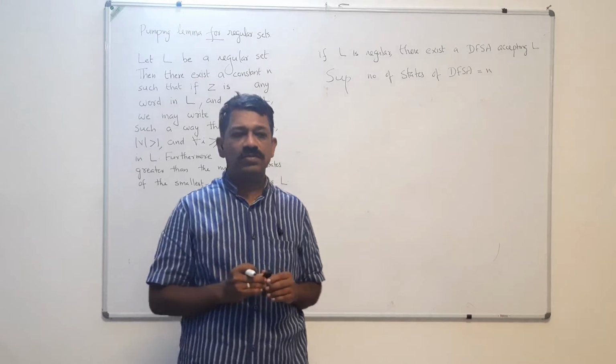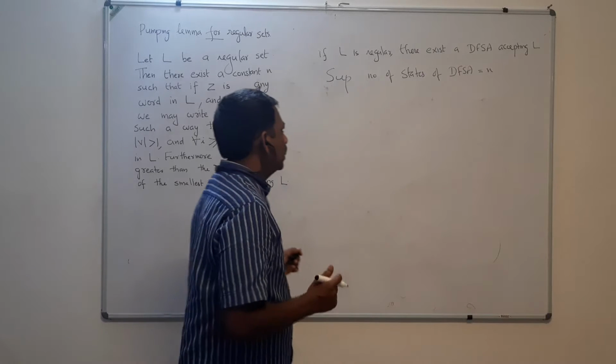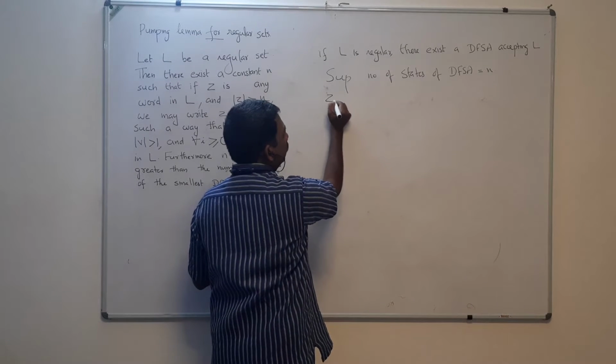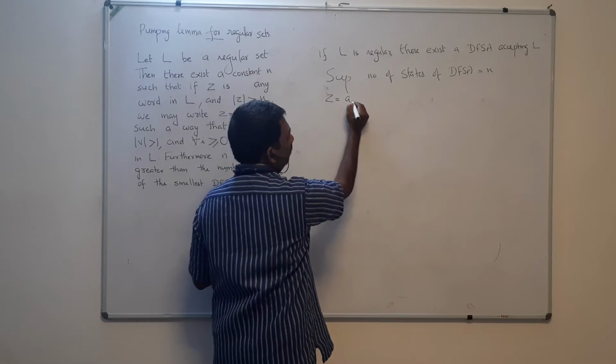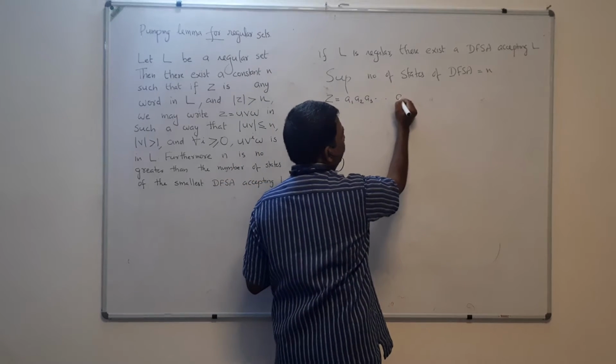And now, suppose that you have Z equal to A1, A2, A3, etc. up to An.